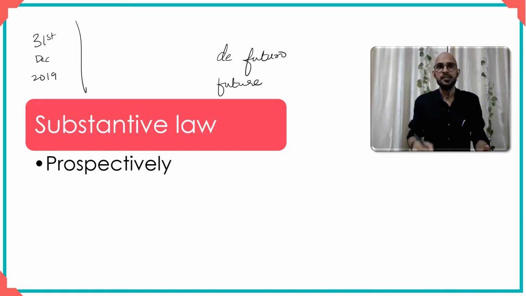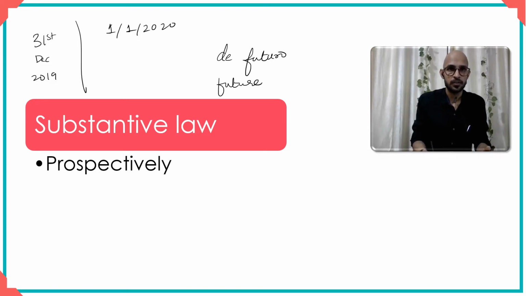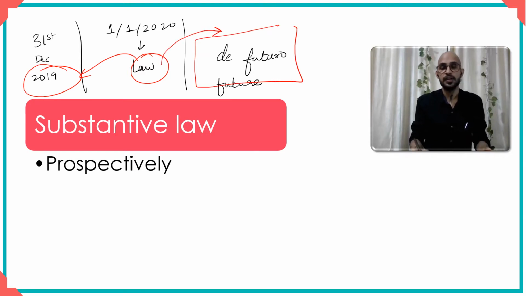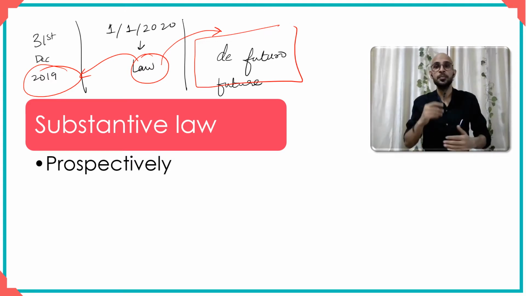And a law is enacted on the 1st of January 2020. You have the law to punish it. Now, is this law applicable to this offense? The answer is no, because it is only applicable for offenses committed after the date of enactment. That's what we mean by prospective operation.